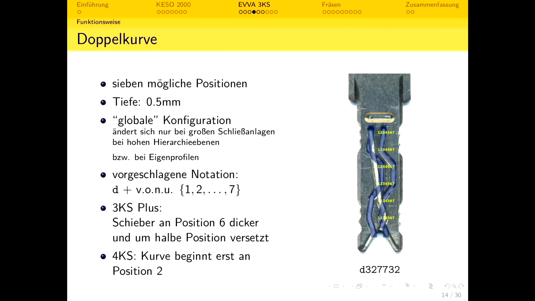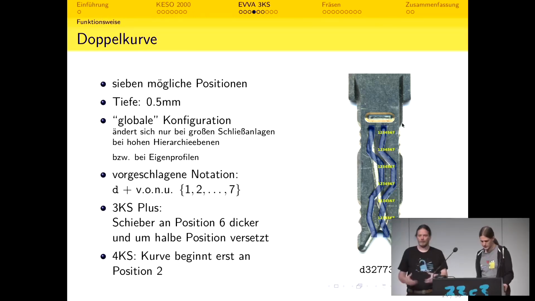Now let's look at that double curve. There's 7 valid positions. The curve is half a millimeter deep, and this is the global configuration. This only changes if you have really big locking systems on higher hierarchies. For example, if you have a company that has an R&D and a sales department, these two departments could have different double curves.